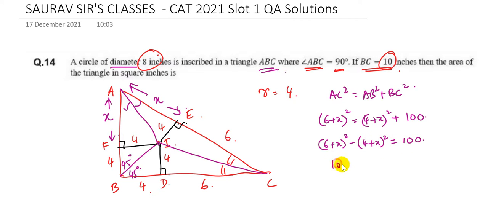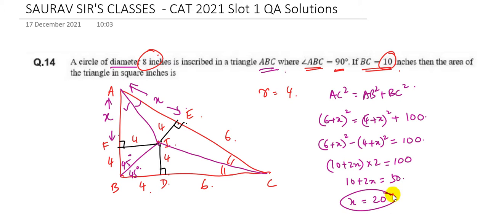So that means 10 plus 2x into 2 is 100. So 10 plus 2x is 50. So x is 50 minus 10, 40 by 2, which is 20. So then the area of the triangle will be half into AB into BC, which is half into 24 into 10, that's 120.